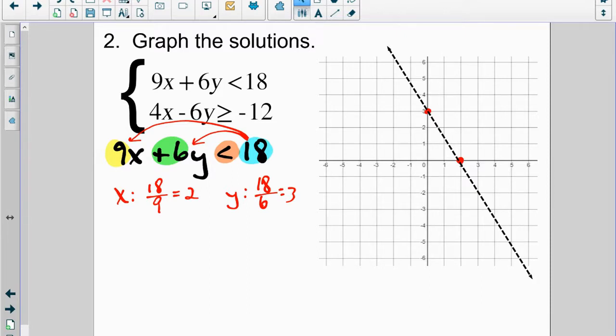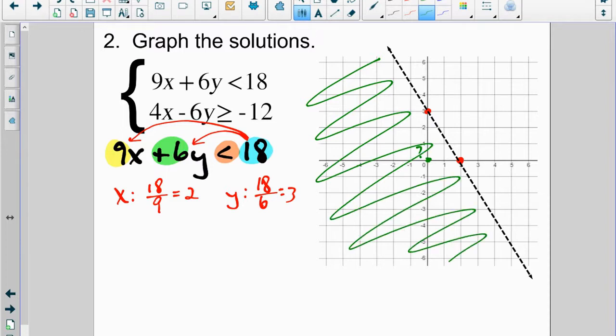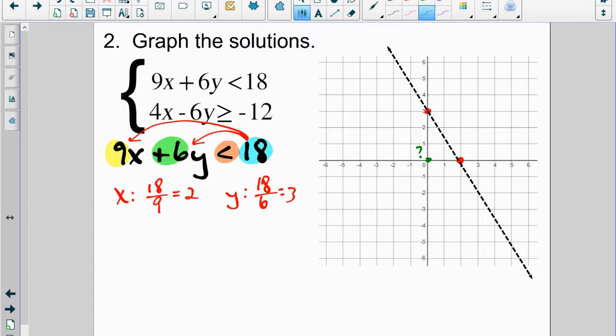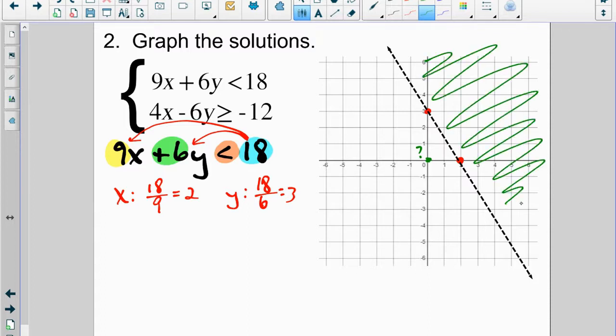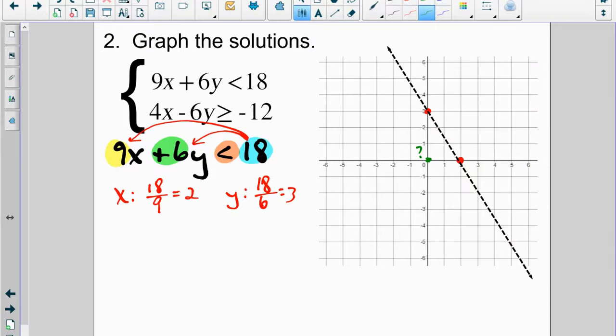Now, in terms of finding the area that should be shaded, we test a point. I always like to use 0, 0 and check to see if that's a solution. If it is, I'm going to think about this side being shaded because that's the side that has 0, 0. If the origin is not a solution, then that means I want to think about shading the opposite side of the line. So if we plug our zeros in for x and y and do a little math, we do 9 times 0 plus 6 times 0.